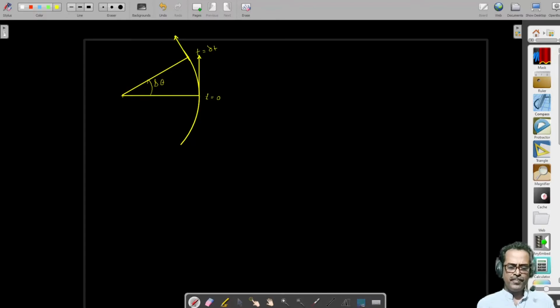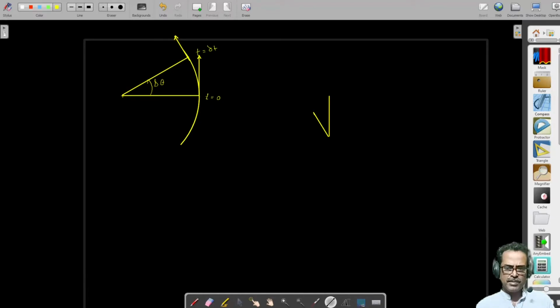Now, if we take this vector and this vector, then the magnitudes of these two vectors are the same because both are velocity vectors.